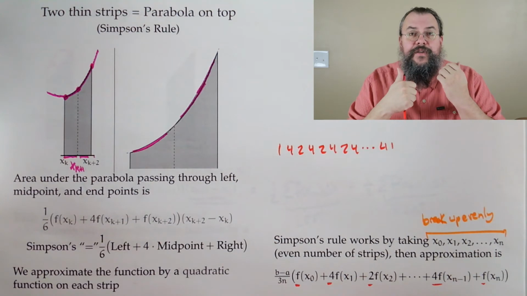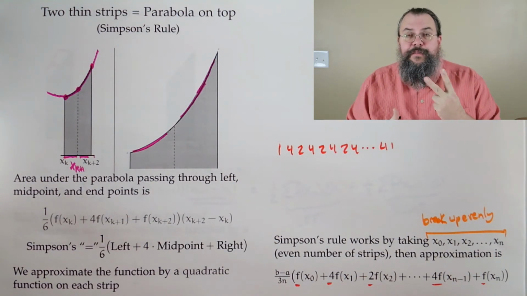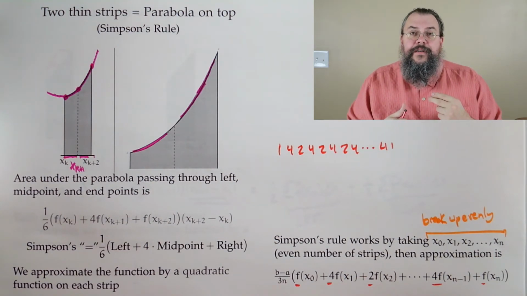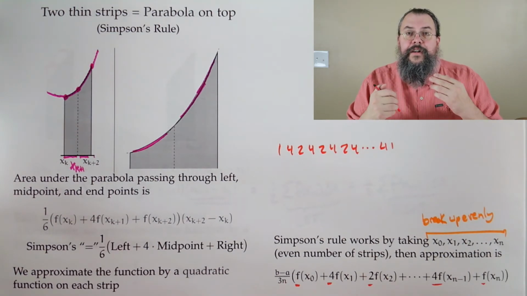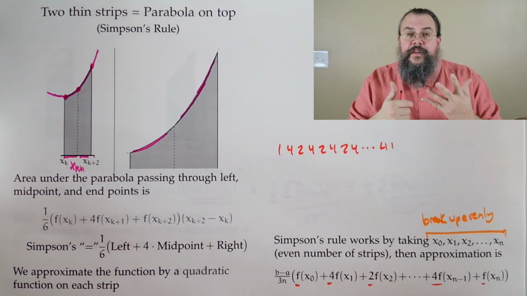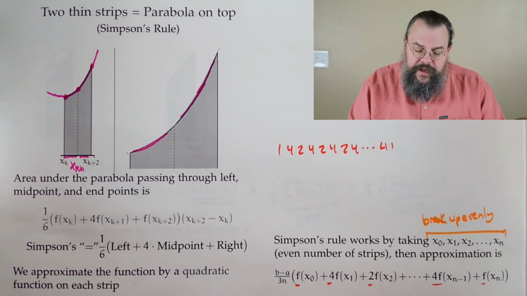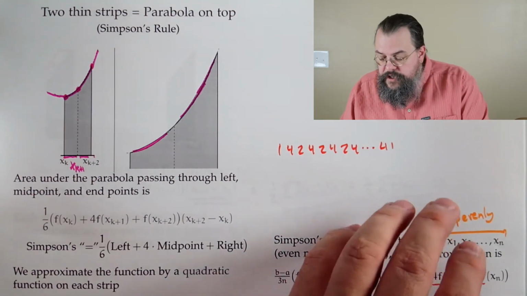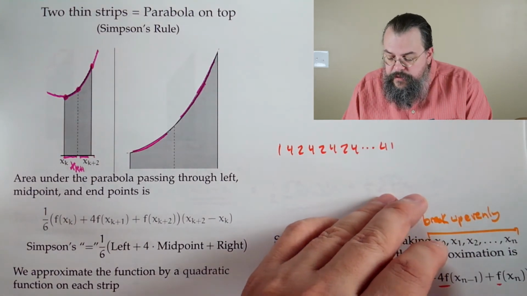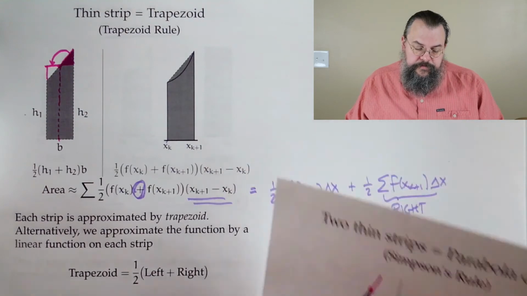So we read off 6 pieces of data to cover 2 strips. Well, that says we should divide 2 by 6. So that's where that 1/3 is coming from. 2 strips, 6 pieces of data. So that's why we need to have this compensating factor of 1/3. By the way, we should have pointed this out for the trapezoid rule. It's very similar.